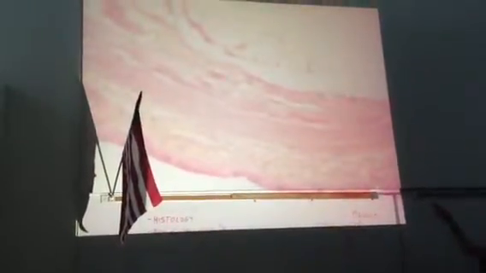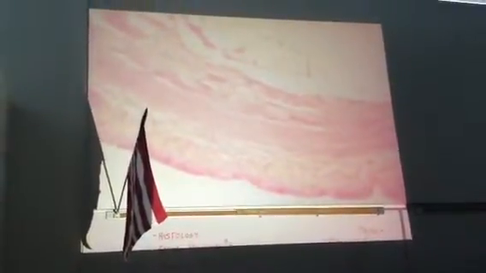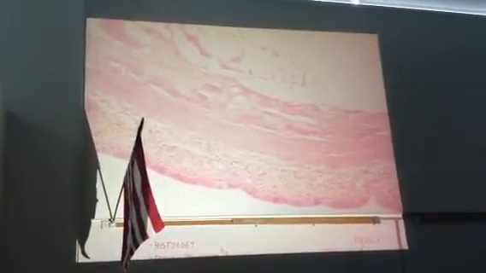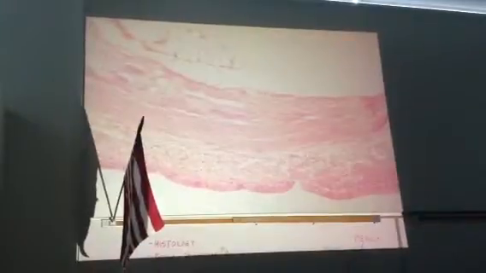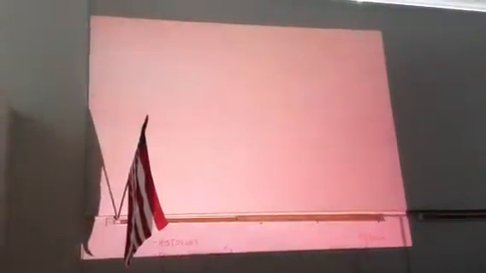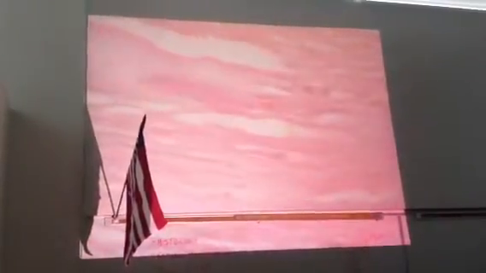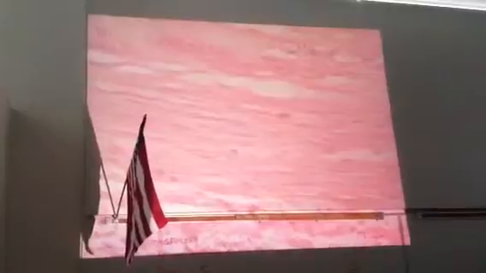And the esophagus would be sitting right in that position. And there are the nuclei of the smooth muscle cells in this trachealis muscle.